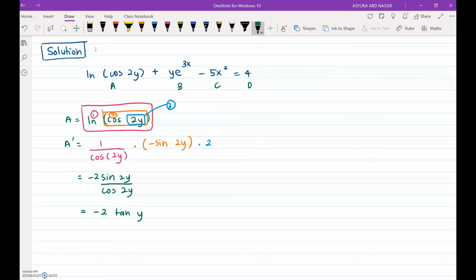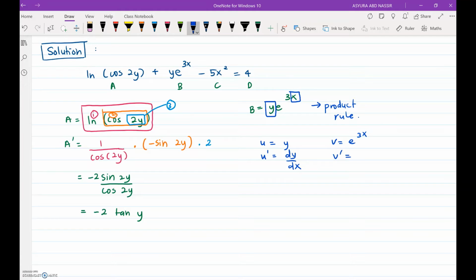Okay, so for B, we have y e^(3x). Look here, we have two variables in two different places, meaning you need to use the product rule. For the product rule, your u is y, your u prime is dy/dx, and your v is e^(3x).